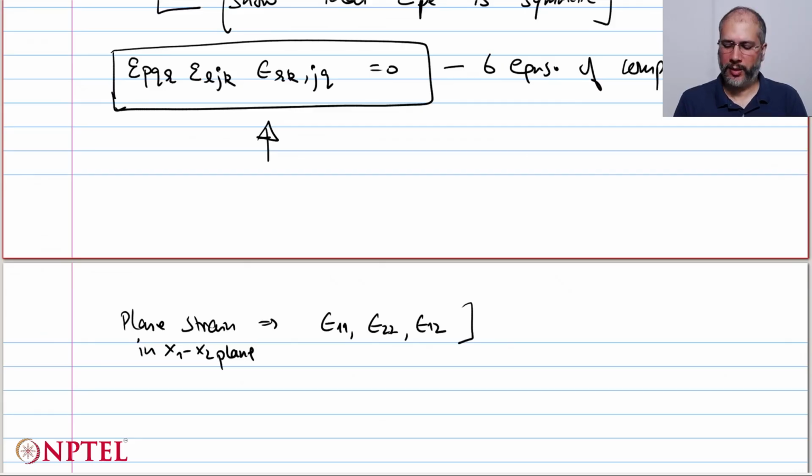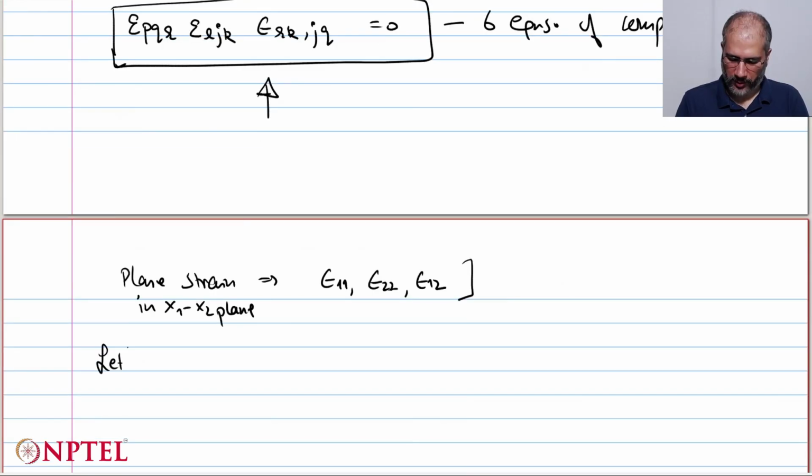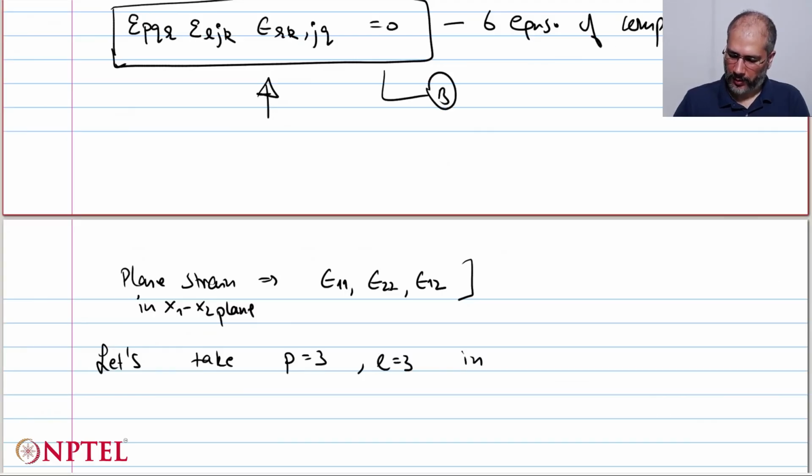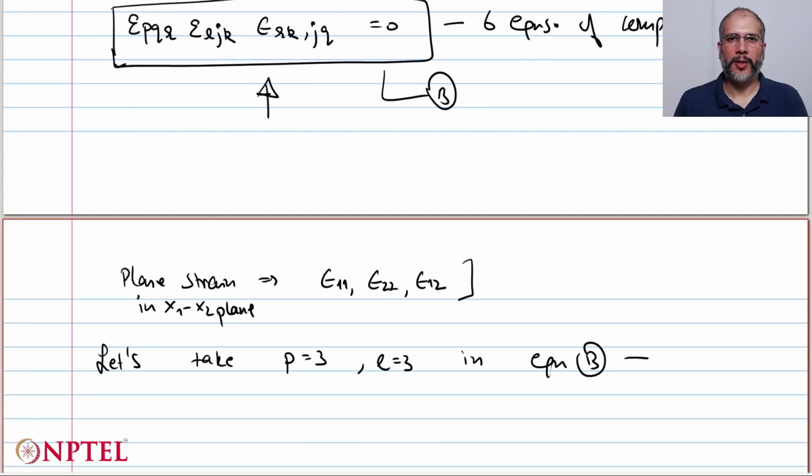compatibility equations. So what we'll do is we will take P equal to 3 and L equal to 3 in equation B. So the left hand side of B is denoted by CPL, and we are taking P and L both equal to 3 to get one equation of compatibility.